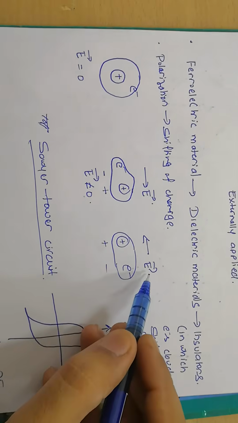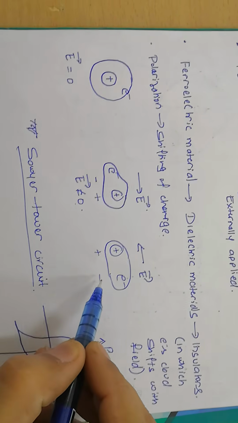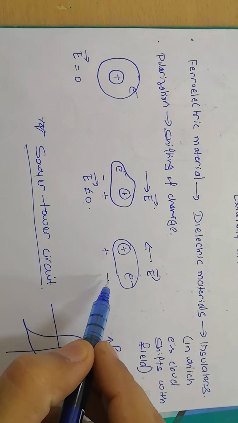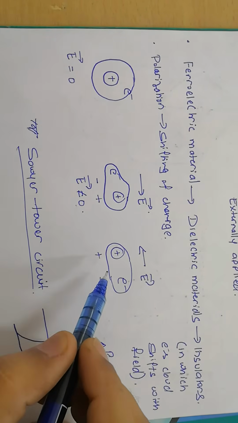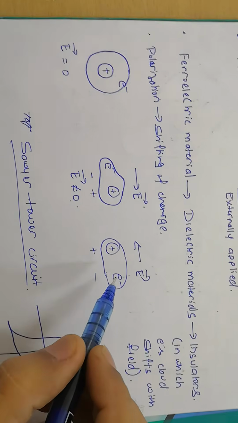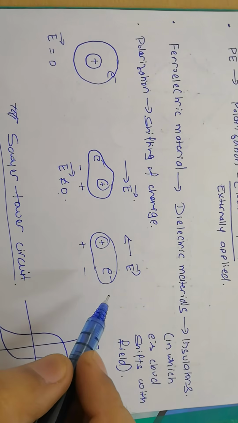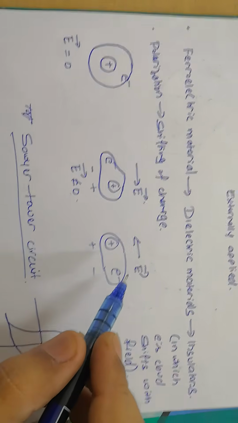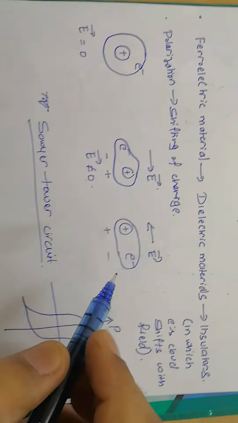If I reverse the direction of the electric field, the direction of the displacement of charge reverses. So this displacement of positive and negative charge and the change of its direction with the electric field gives us the PE loop, right?